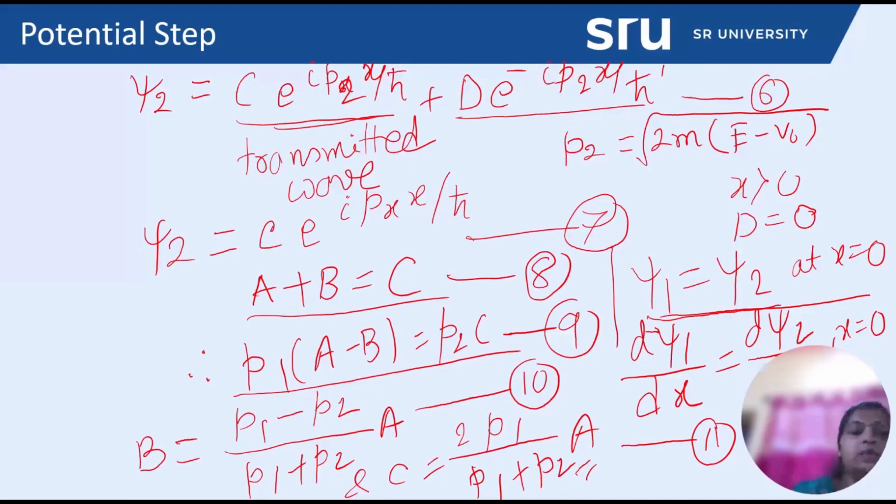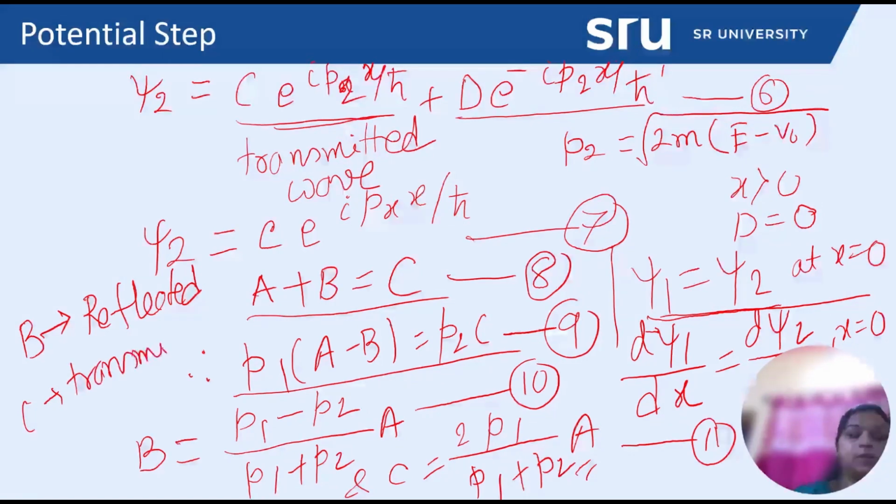Basically this parameter B is for the reflected beam, and this C is for the transmitted beam.